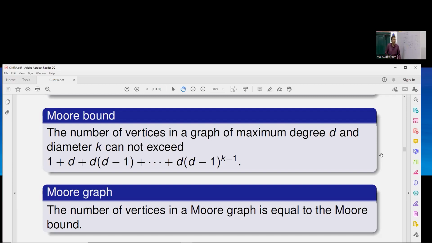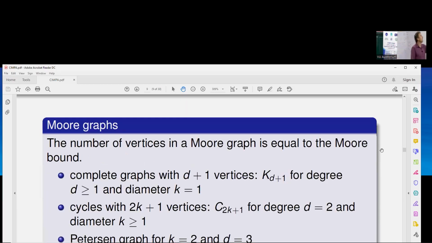Again, for some values, we can prove that even M(d,k) minus 1 is impossible, and then N(d,k) is at most M(d,k) minus 1, and so on. So there are researchers trying to push this bound down. Researchers who studied the degree diameter problem from the upper bound side are former students and collaborators of Mirka Miller, a mathematician who was working in Australia, and Indonesians are also quite active in the upper bound.